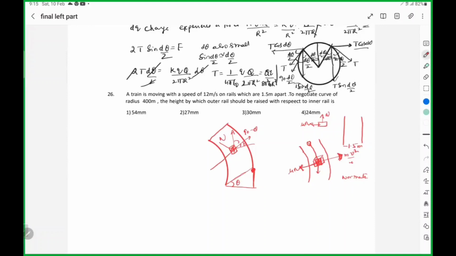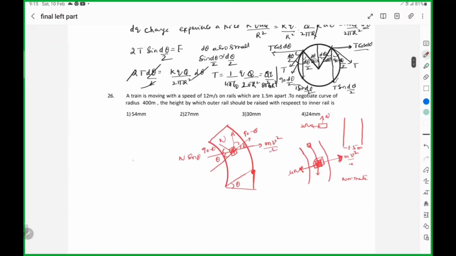If I extend this, this is theta here. So it is N cos of 90 minus theta. The outward force is mv square by r. N sin theta will be mv square by r.